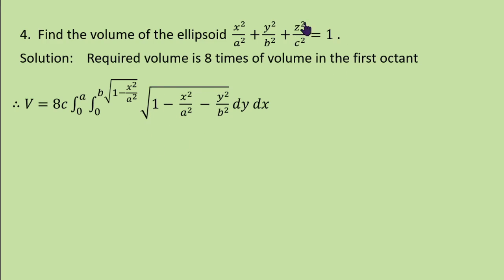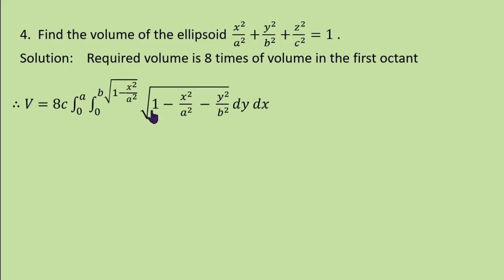Integrate z. Z square is 1 minus x square by a square minus y square by b square into c square. Therefore, z is c into root 1 minus x square by a square minus y square by b square. By taking c outside, 8 times c, that means this is the volume in the first octant multiplied by 8, that is the volume of the ellipsoid.